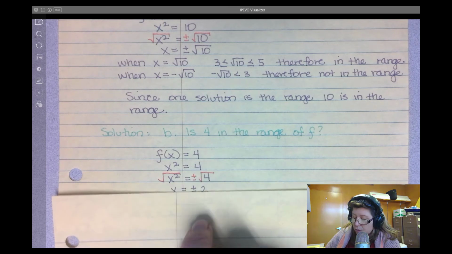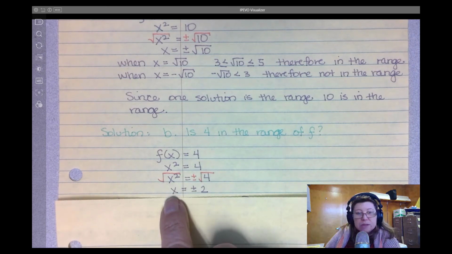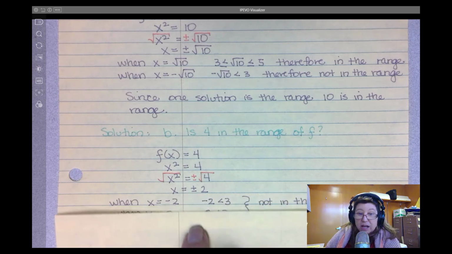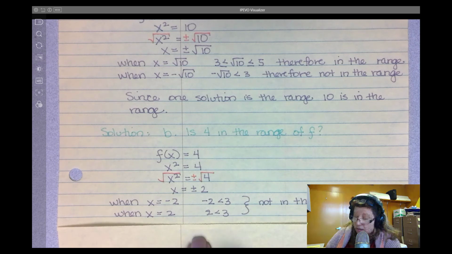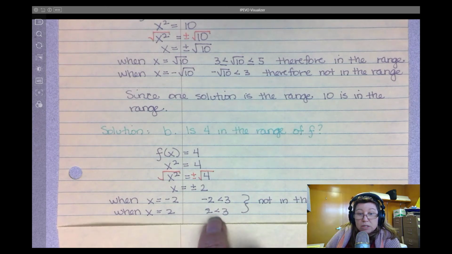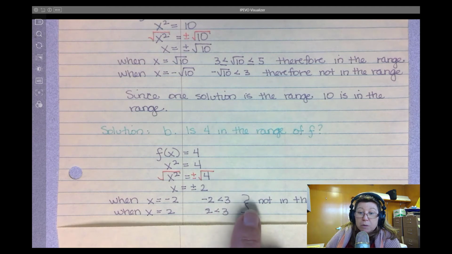Now the square root of 4 is 2. So that leaves us with x equals plus or minus 2. Now as you see, neither one of them works. Negative 2 is definitely less than our boundary of 3 for our domain. And 2 is also less than 3. And therefore, neither one of them is in the range of f. Those are not x values we are permitted to put in. Neither one of them is in the range.